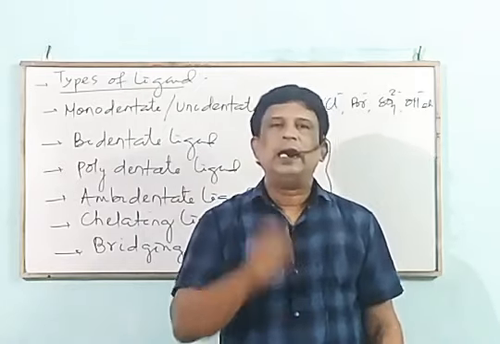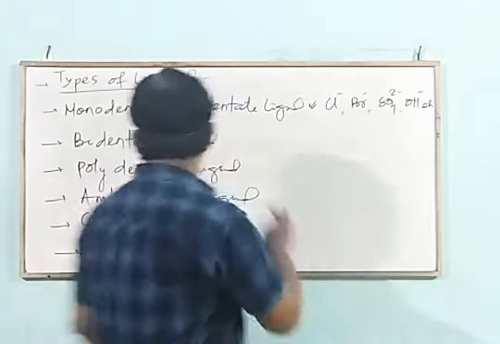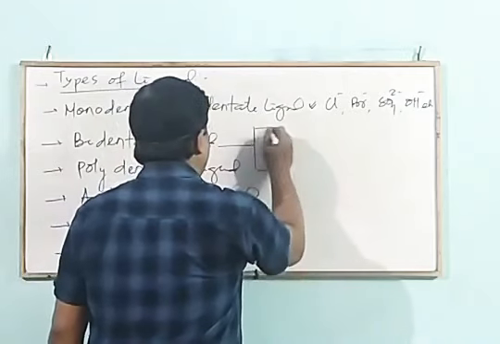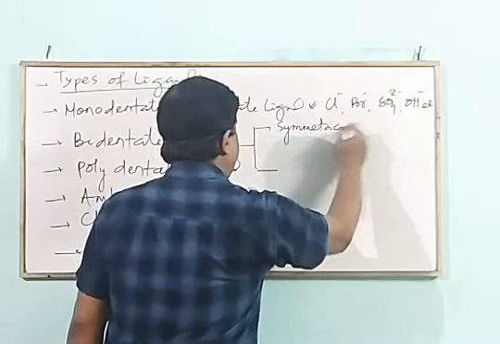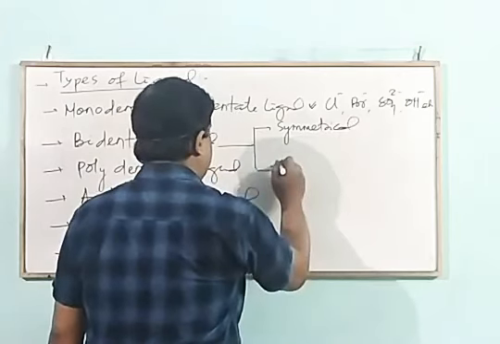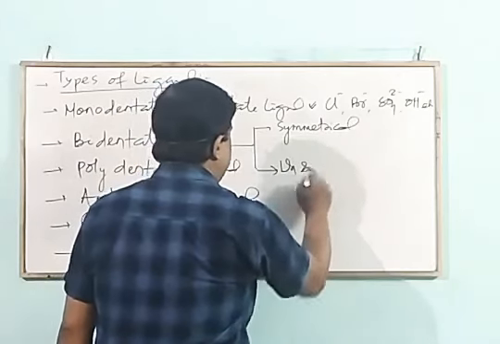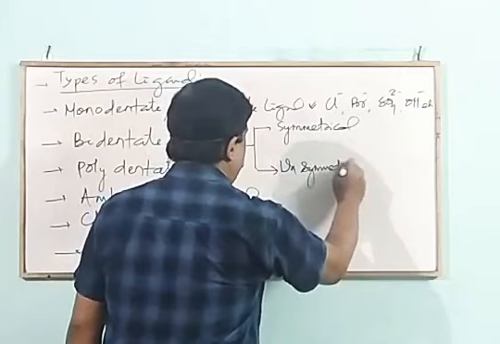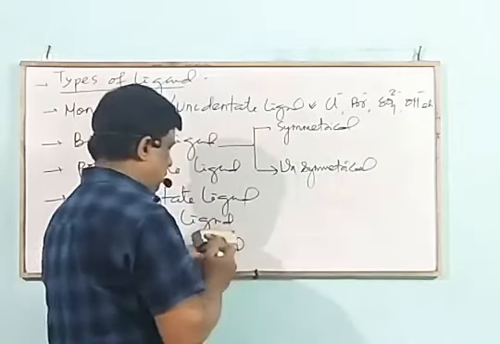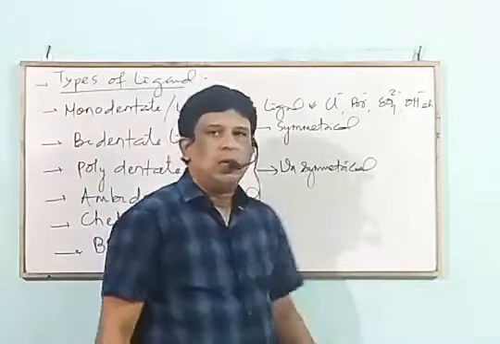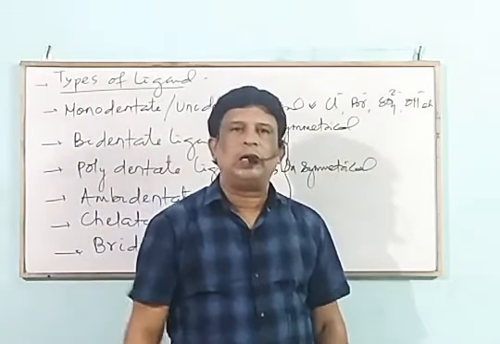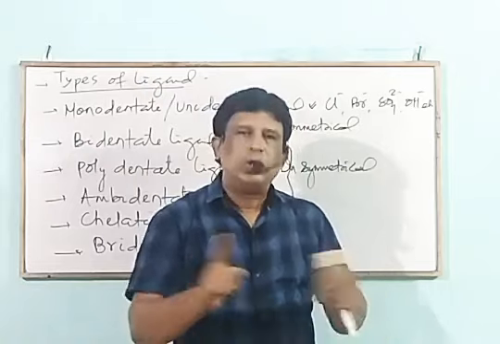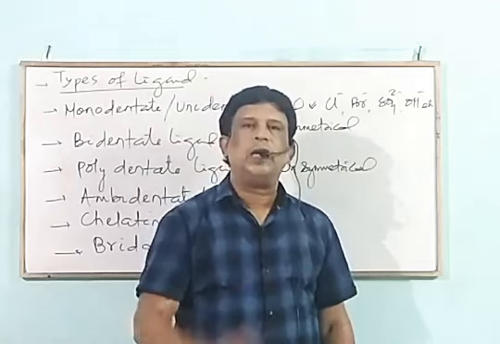Again, bidentate ligand is of two types. One is known as symmetrical bidentate, and one is known as unsymmetrical bidentate. Symmetrical means the bidentate ligand has two similar donor atoms which donate two pairs of electrons to the central metal atom.